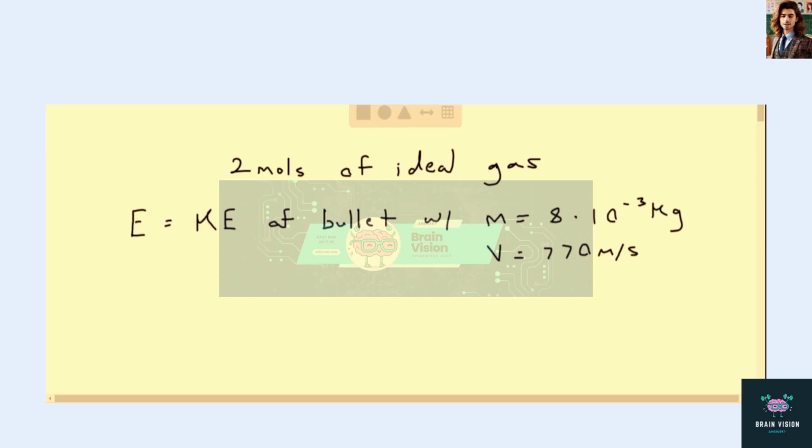So the first thing to remember from mechanics would be that the kinetic energy of a moving mass is going to be 1/2 mv squared. And we also know that this is going to be equal to the internal energy of our gas here.